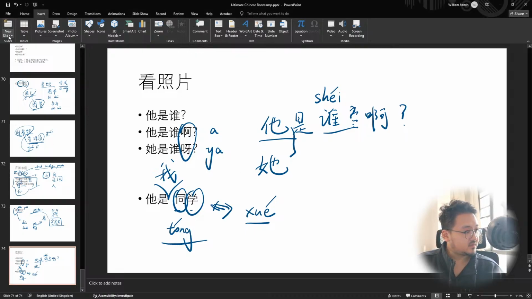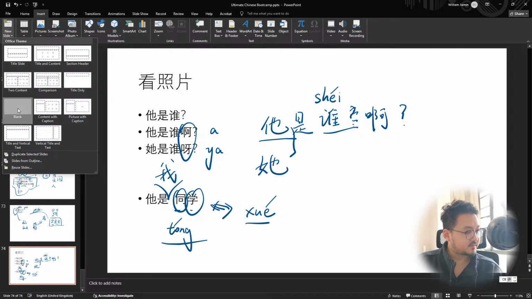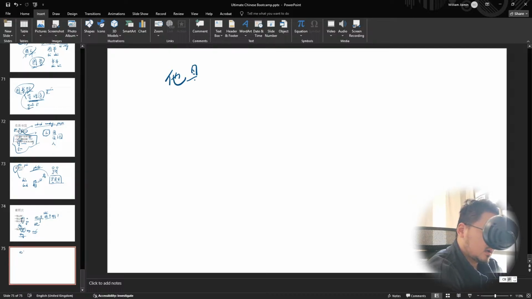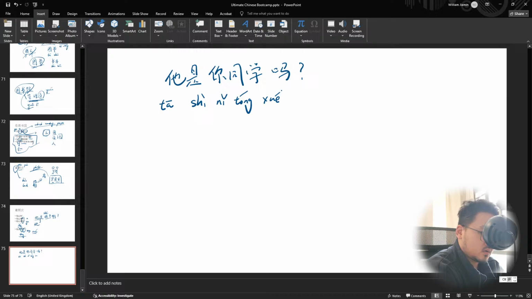So for example, instead of 他是谁 you can say 他是你同学, okay? 他是你同学, and then you can add 吗, right? 他是你同学吗？ That's ma, like a typical question mark.